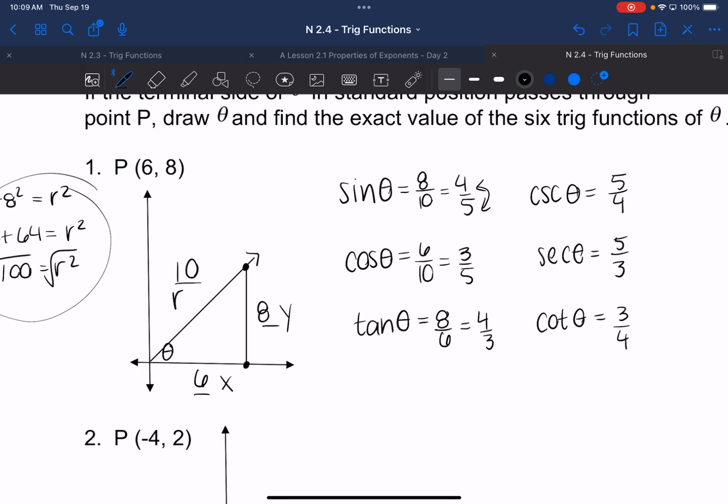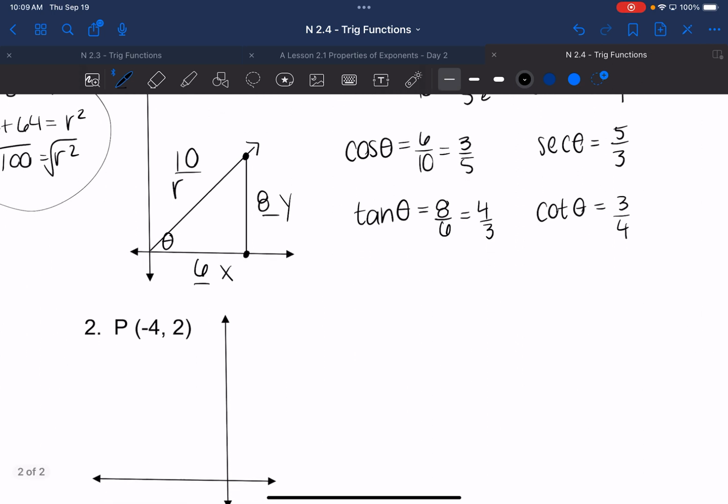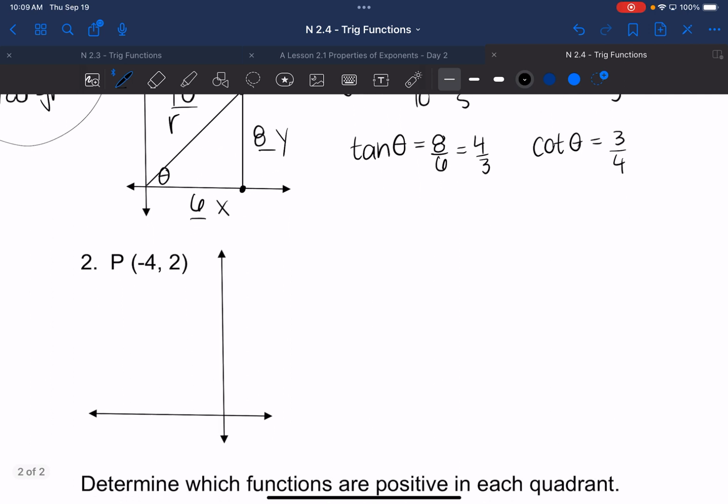So draw your triangle using that coordinate point that they gave you. And then you're going to find the missing side and write out your ratios. So I'll give you a second to do that, and then we'll share our answers.